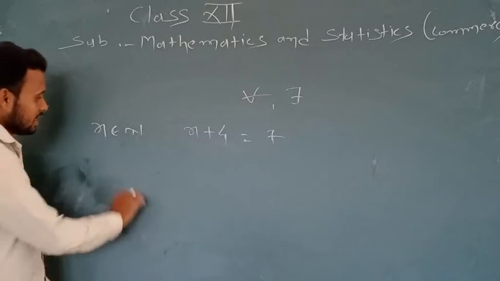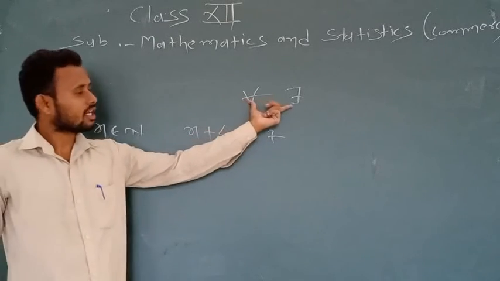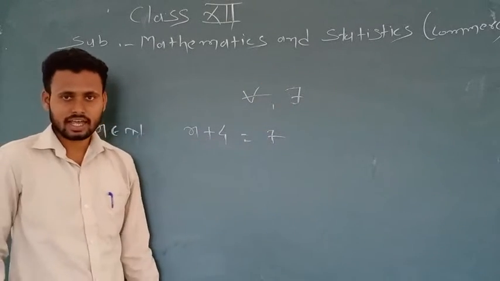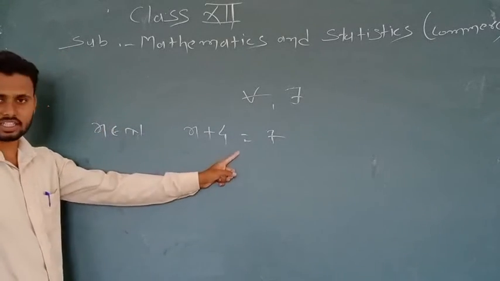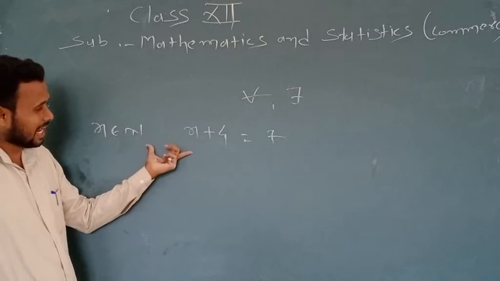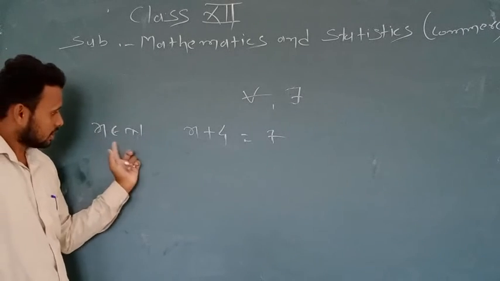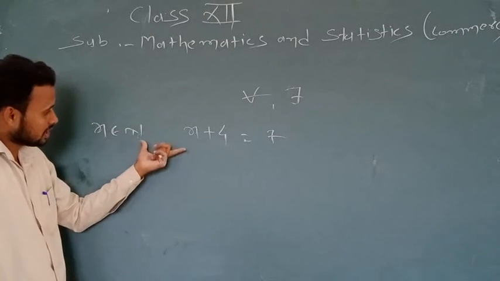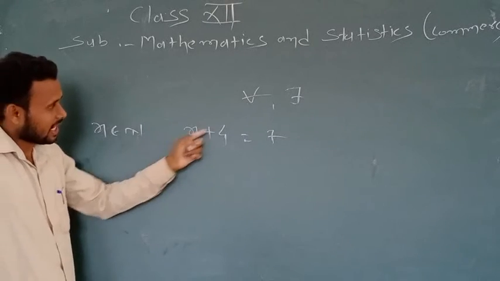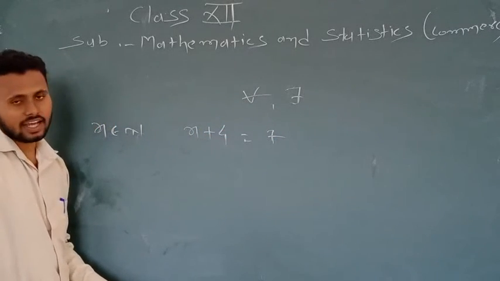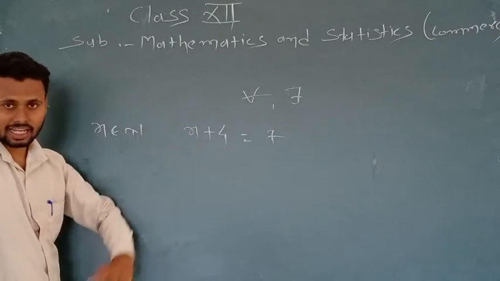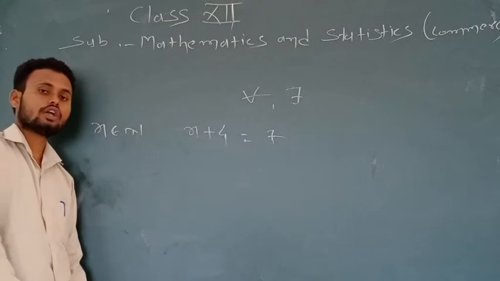An open sentence with quantifiers becomes a statement, and that statement is called a quantified statement. Now if we use in that sentence any one of these two quantifiers, then it becomes a statement, and that statement we will call a quantified statement.